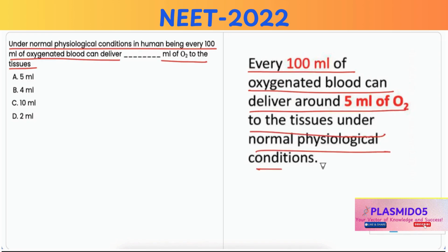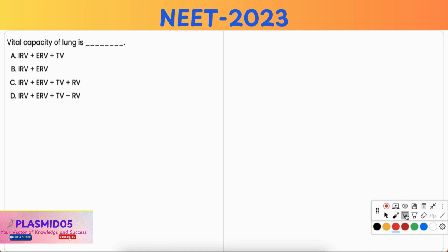And this is based on the difference between the oxygen content in arterial blood and venous blood during normal metabolic activity. Hence, the correct answer is option A. Options B, C, and D are incorrect as this represents incorrect data.